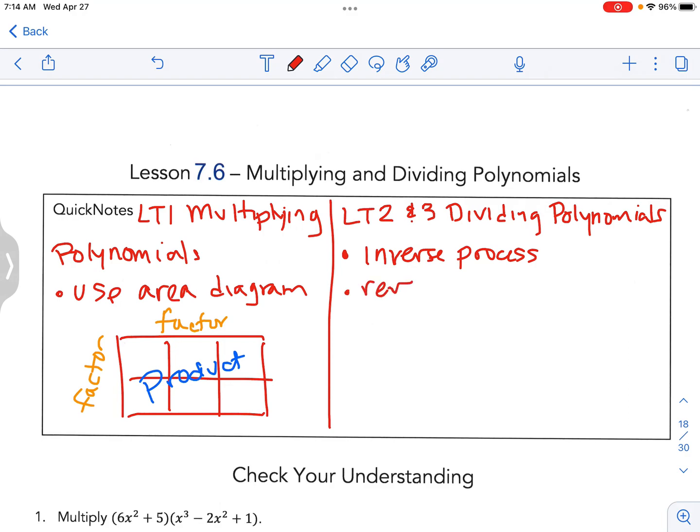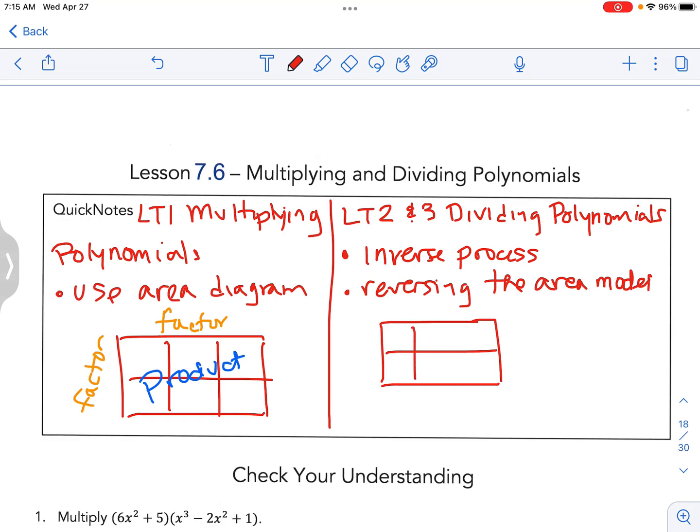And we talk about reversing the area model. And we also talk about, I'm going to do just a generic 2 by 3 again. That's probably the most common thing we're going to run into.